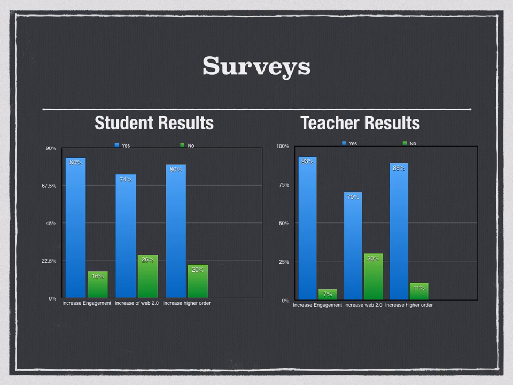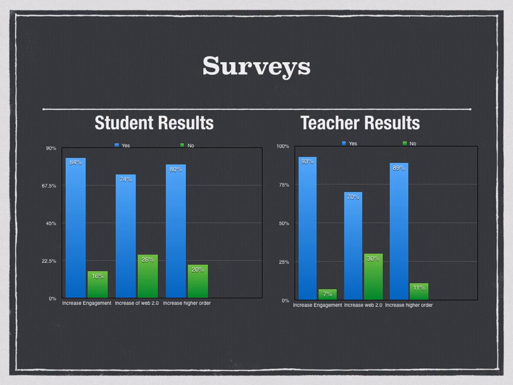70% of teachers said that they increased the use of Web 2.0 tools, and 30% said that they did not increase the use of Web 2.0 tools. 89% said that they increased the higher order thinking activities, and 11% did not.